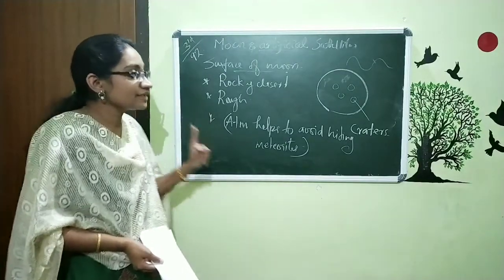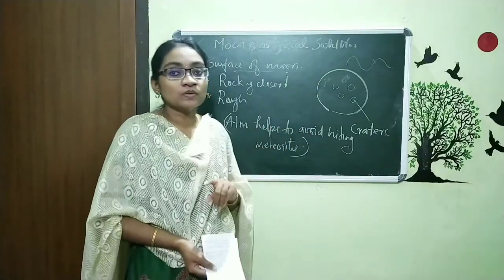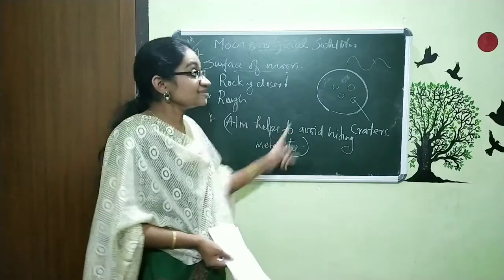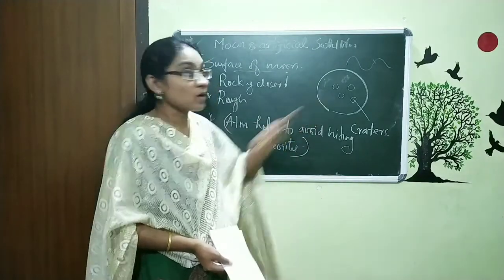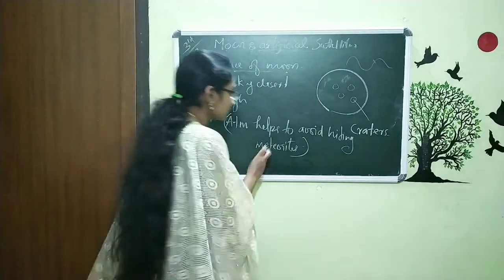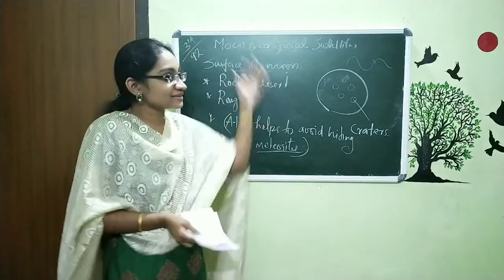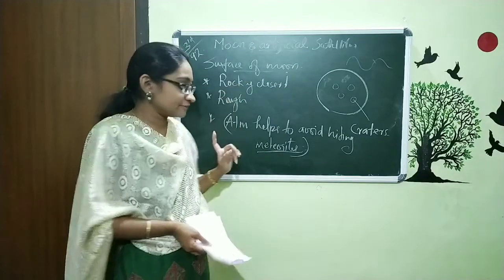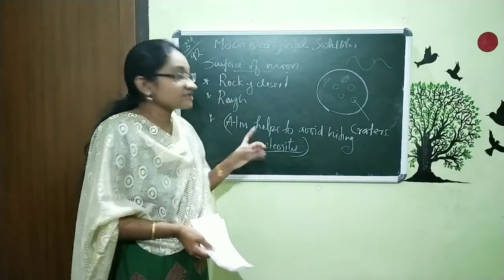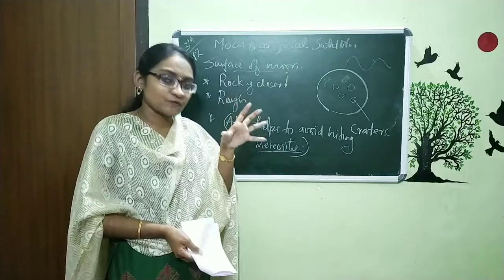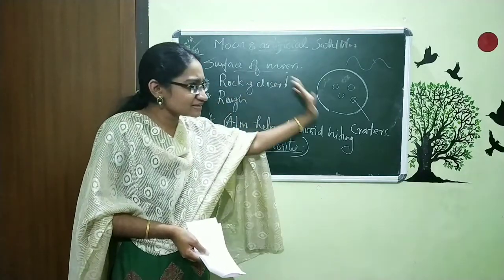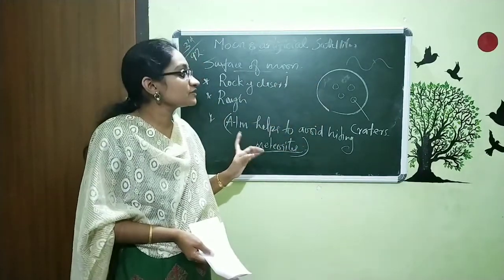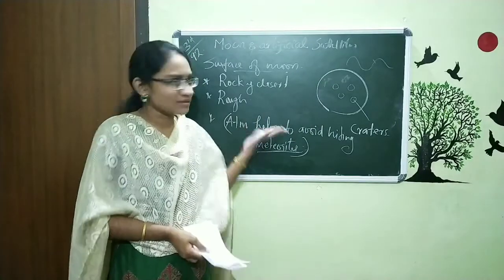And so here the problem is this: for the moon there is no atmosphere, and so these craters or holes are produced by meteorites that just come. What are meteorites? I just explained it in our last chapter. Meteorites are some sort of rocks that hit the surface of the moon and produce these craters or holes.